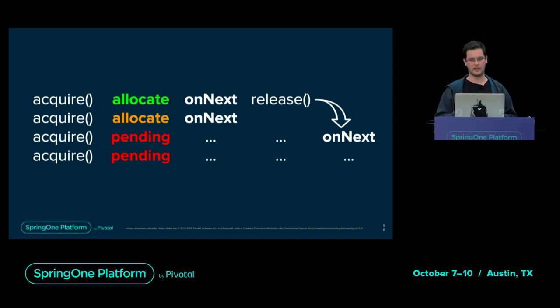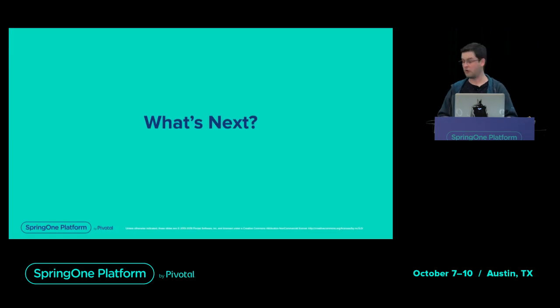We are dealing with something that you're already accustomed to, that represents an idea that at some point in the future, a resource will be available. And as soon as this resource becomes available, is emitted through the mono, it will flow through your pipeline of processing. And then, of course, at the end, you have to release it, but you can do so with using and when operators that are already available in Reactor.